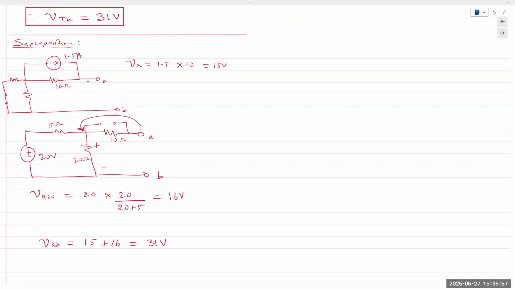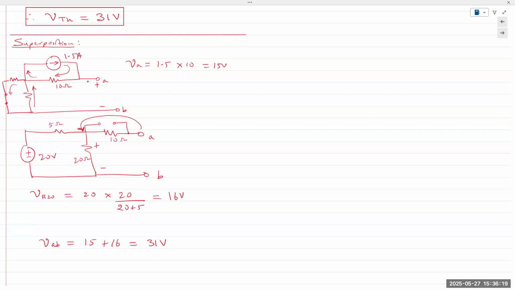So VA is measured with respect to this node terminal down there. Well, when the current flows, the 1.5 amps goes through here, and it goes through here. Let's say some of it does go down here, it is going to come back up to this node, right?